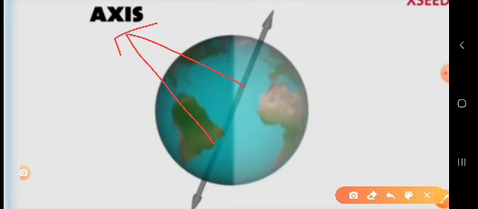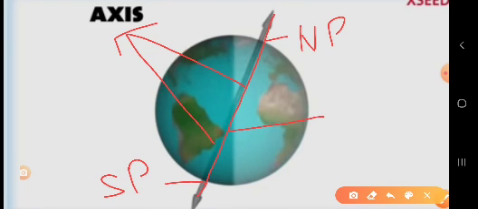So this line is an imaginary line on which earth rotates, and this is north pole and this is south pole. So children, this is an imaginary line and this one is an imaginary line.